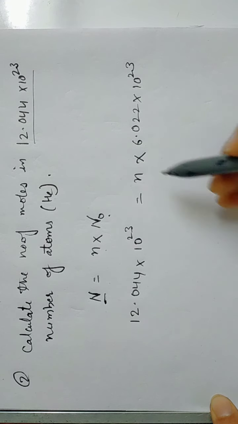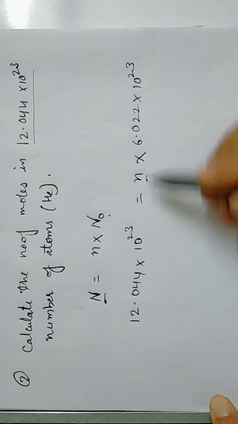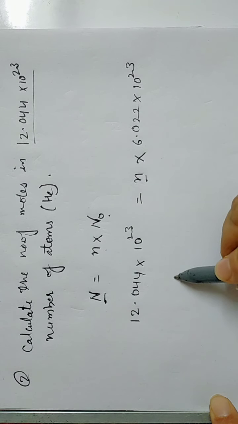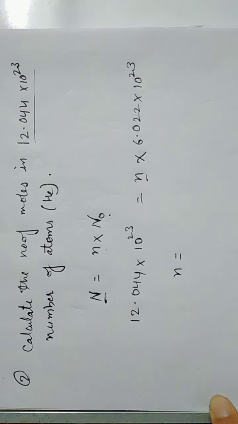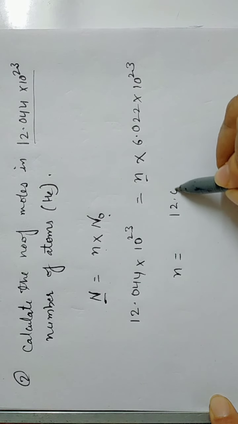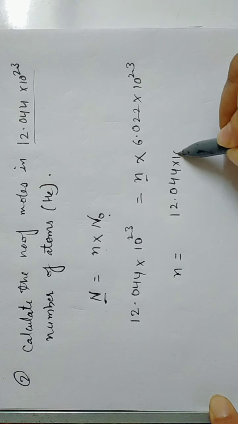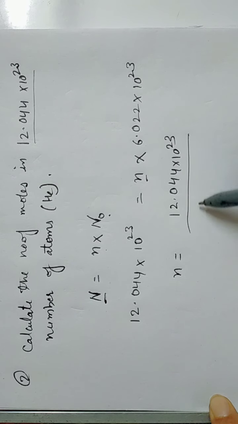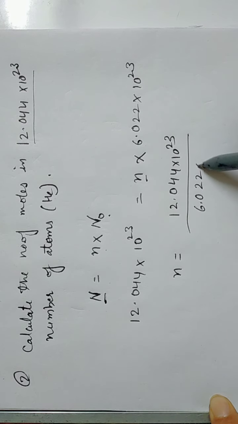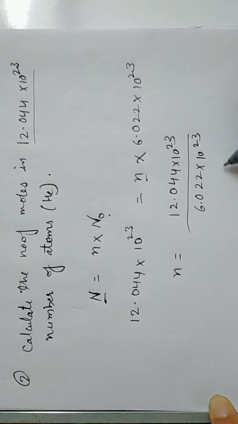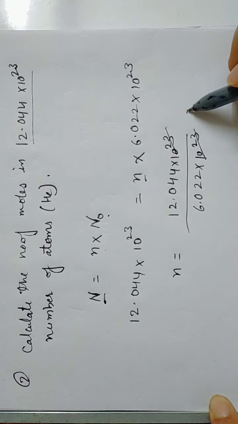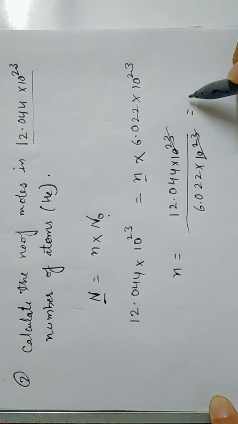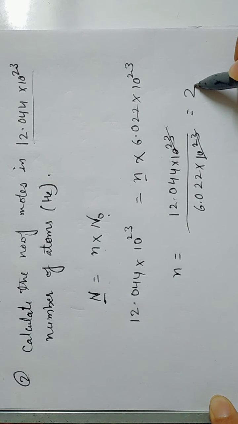We have to find n, so bring this to the other side. The calculation is 12.044 into 10 to the power 23 upon 6.022 into 10 to the power 23. Now solve it, and the answer we get is 2.